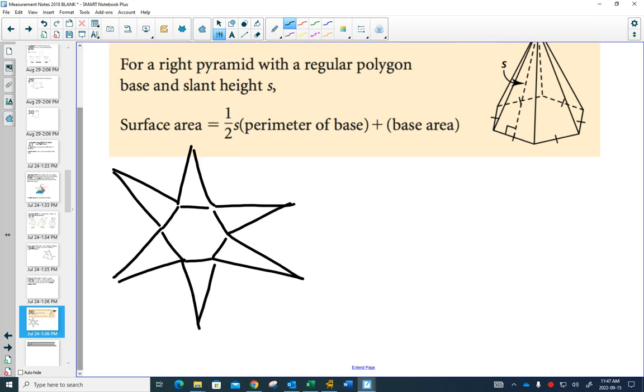Does that make sense that if you cut it open and laid it flat, you would have the base, which is a hexagon, and 6 equal triangles?